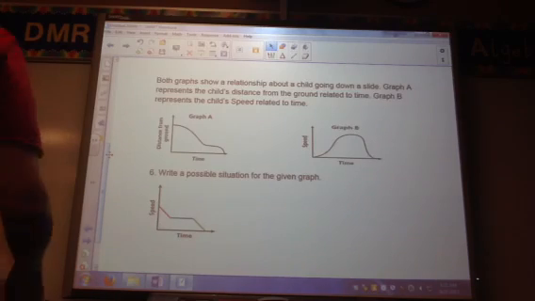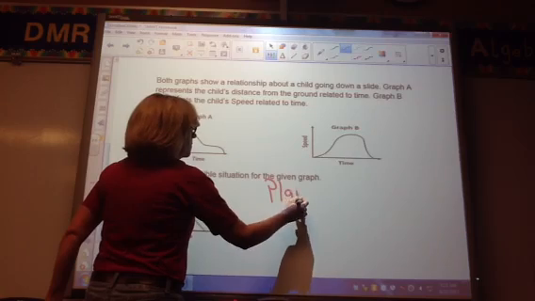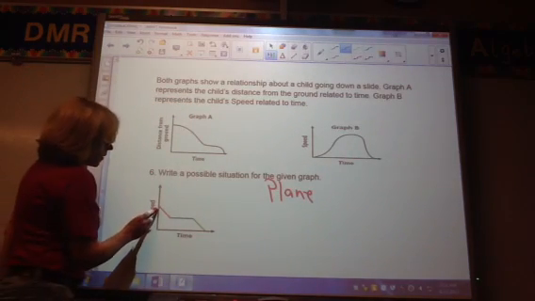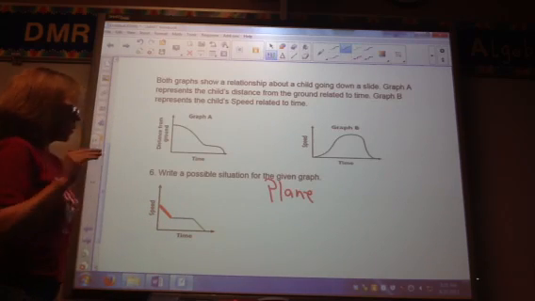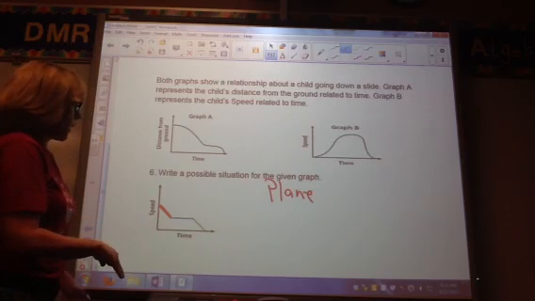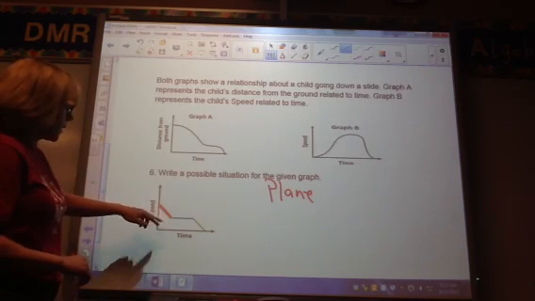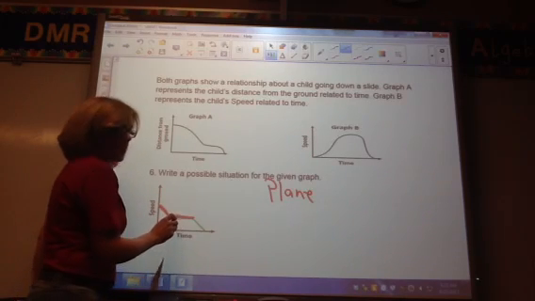Okay, so I'm going to think of a plane, and I'm just going to describe it to you all. You all can write it down. So, what do you think the plane would be doing right here? The plane is going down, descending, and slowing down a little bit. So the plane might be getting ready to land. Then when it's horizontal, the plane hasn't stopped.